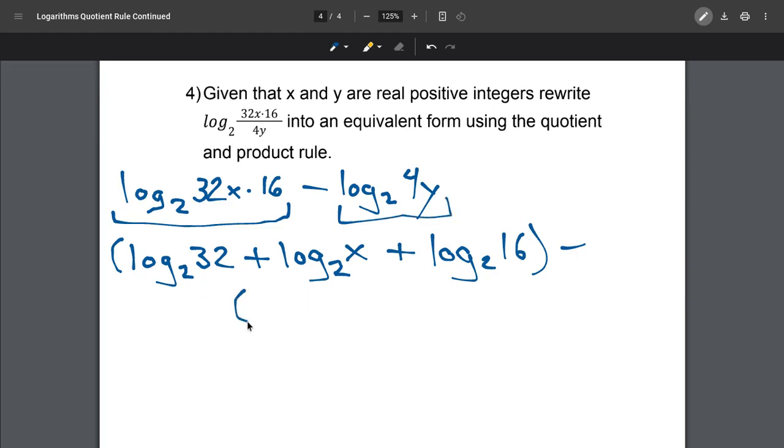So we'll do log base 2 of 4 plus log base 2 of y.